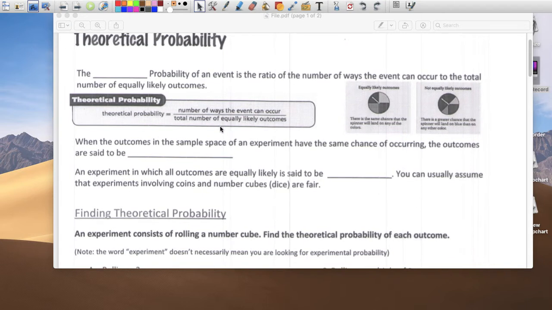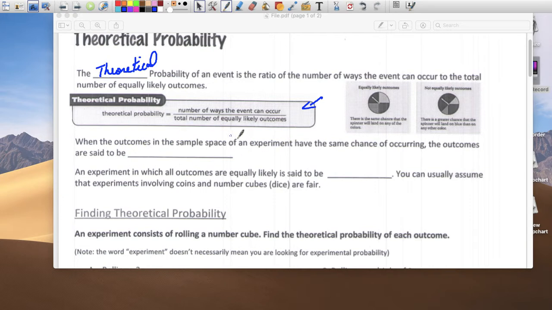The theoretical probability of an event is the ratio of the number of ways an event can occur to the total number of equally likely outcomes. We wrote this already in our notebooks.